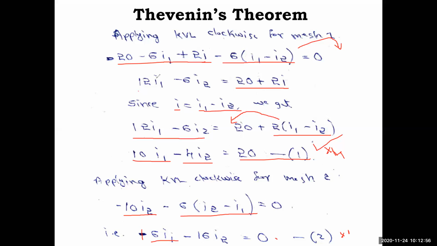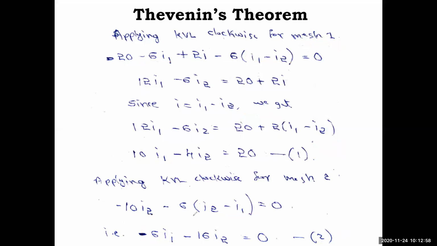Go in complex mode, equation, two unknowns. Select two unknowns and enter these values: A1 as 10, B1 as minus 4, and C1 as 20, and second equation A2 is equal to plus 6, B2 equal to minus 16, and C2 is equal to 0. Substitute this and it will give the answer.